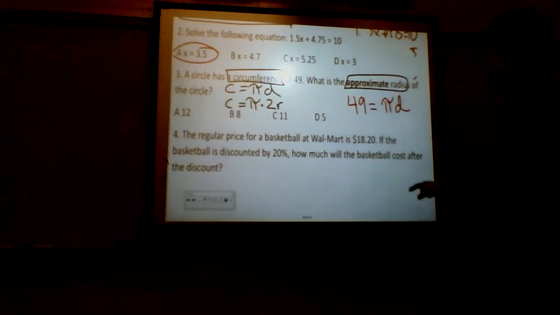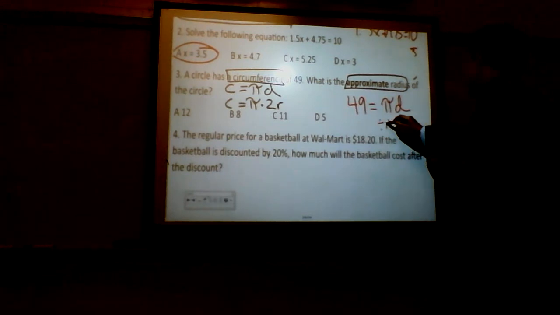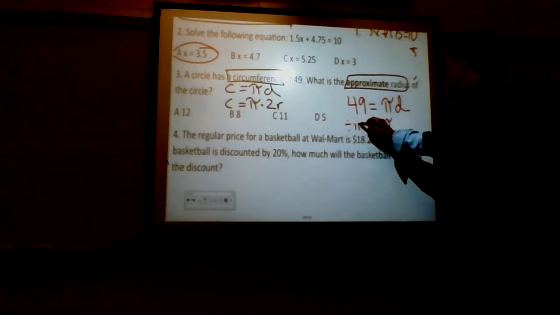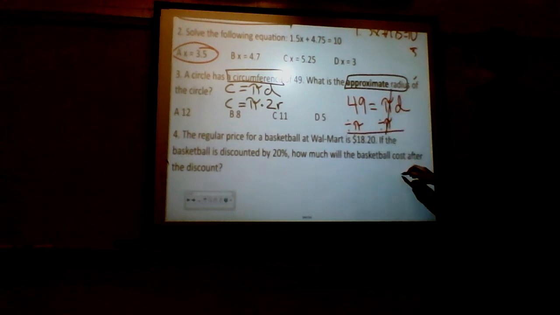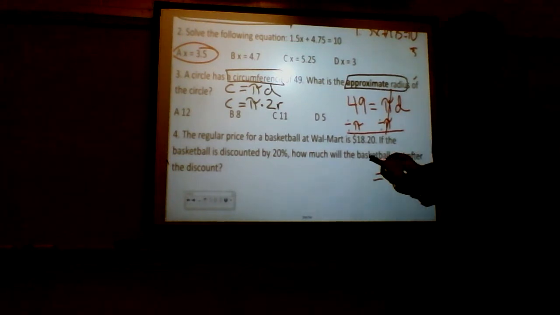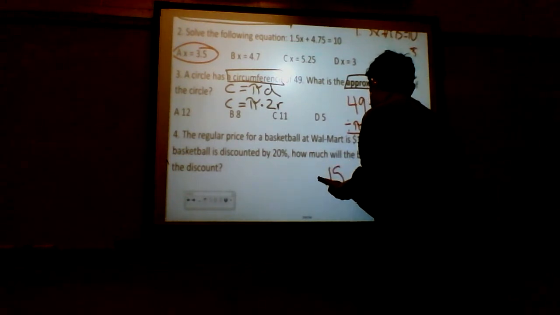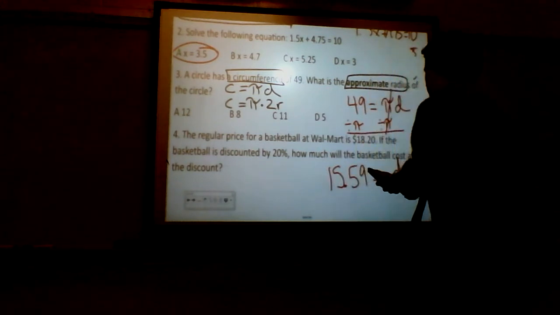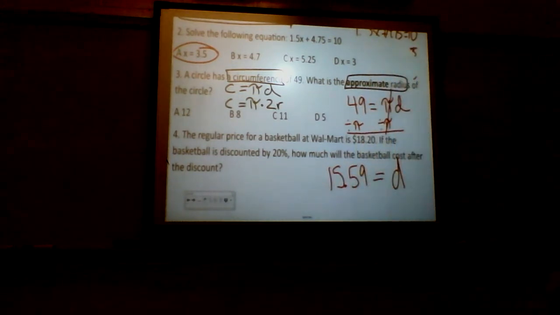To do that, I need to get the diameter by itself. Right now we have pi times the diameter, so I'm going to divide each side by pi. On my calculator, I am going to do 49 divided by pi, and it gives me 15.59, something like that. Okay, so 15.59 is the same as the diameter.